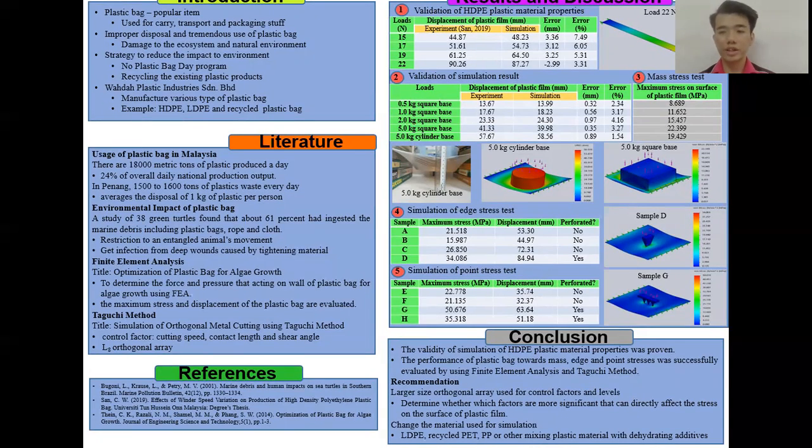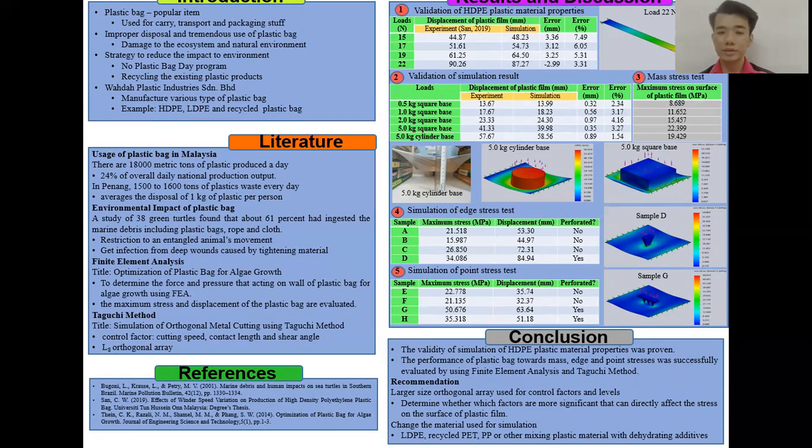The reason why the edge length is a more significant factor compared to the edge angle is that sample D has a larger angle with a smaller edge length, but it creates larger stress, although sample C has a smaller angle. And the simulation results for sample D are shown on the right side.